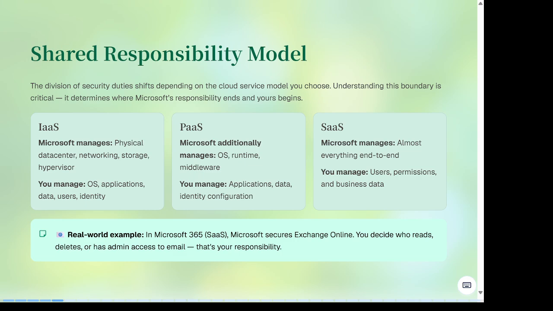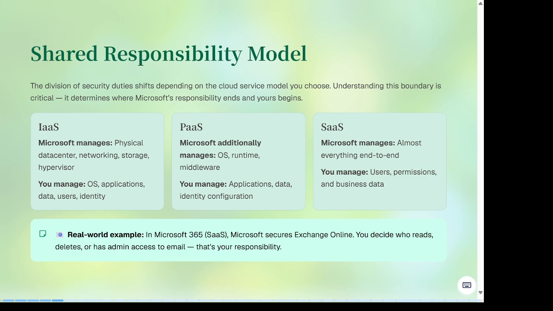Cloud security is a shared responsibility between Microsoft and the customer. However, here is the important part: the division of responsibilities changes depending on the cloud service model you choose. The more Microsoft manages for you, the less you have to manage yourself. Let's see how it works.